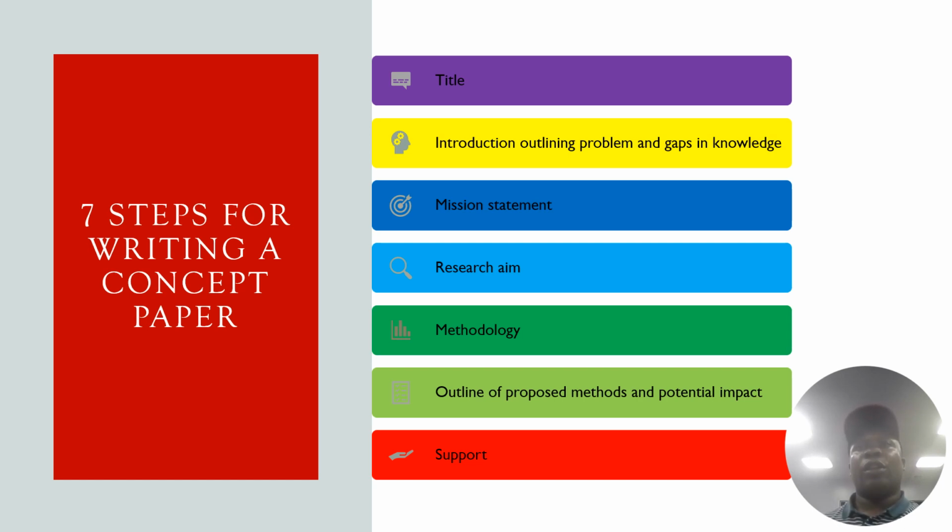And you need to take note that if you are writing a thesis, if you are writing a concept for PhDs, you need to make sure that one or two of your aims must meet the requirement for the PhD. Please make sure that you do that.